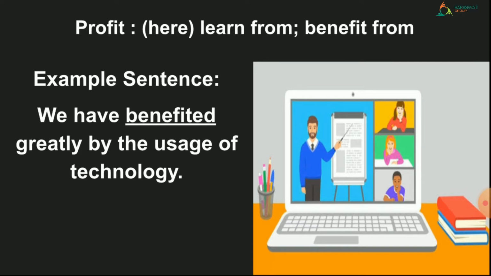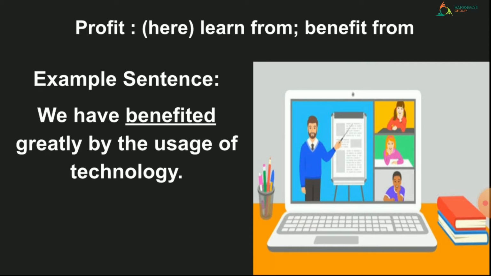The next word here is profit. Profit means to learn from or to benefit from. That means we get advantage from something, that is known as profit. If we want to use the word profit in an example, then we can use it like: we have benefited greatly by the usage of technology.